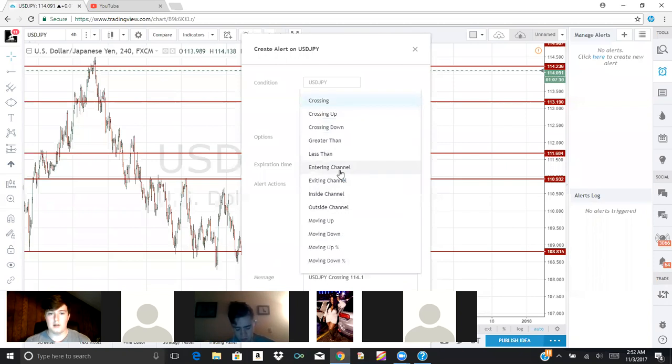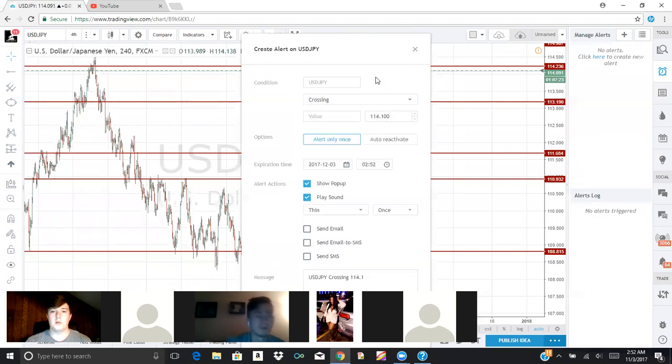Like if it's entering a channel, if it's crossing up towards your support or resistance line, and then enter the price that you want the alert at, and then alert once, auto reactive expiration date, you can set the expiration, and then you can either have it send a text, send an email, and then just add your message, create the alert, and it'll send it to you.